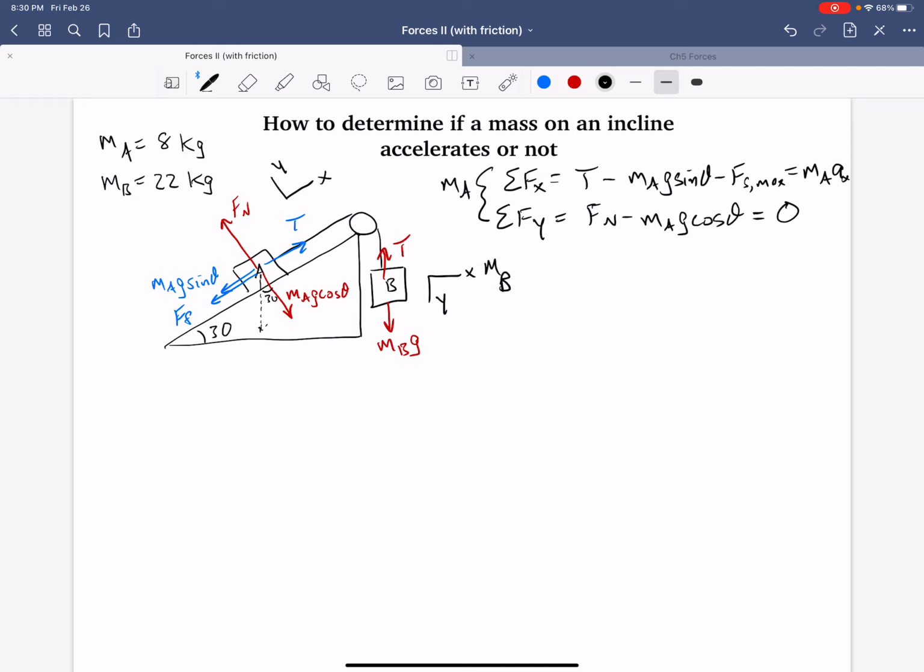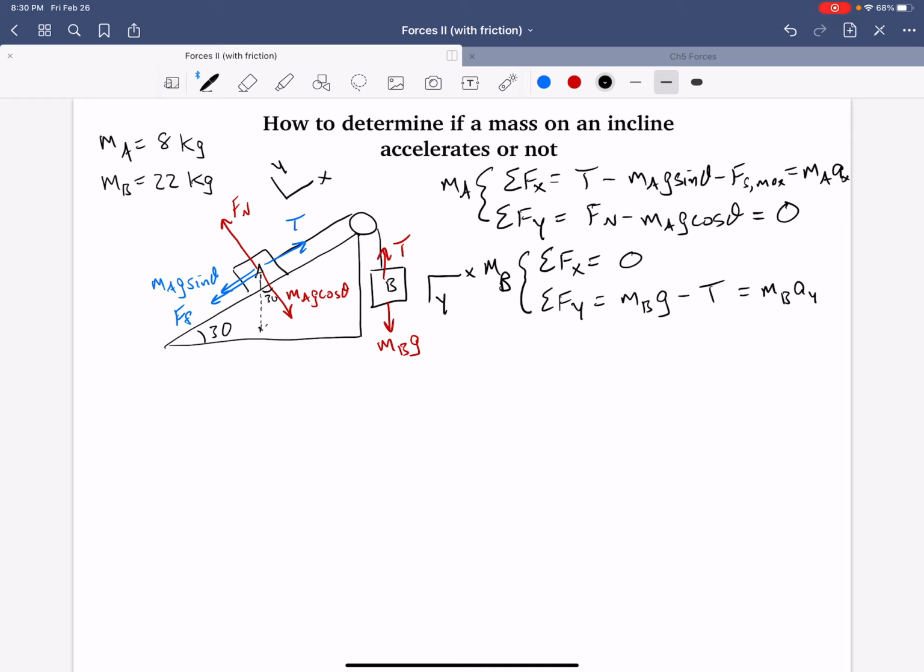So for mass B, we have sigma F in the x direction. Well, that's easy. There are no forces. And in the y direction, our positive is actually down. That's okay. We're completely free to choose whichever direction is positive. And that equals mb ay.